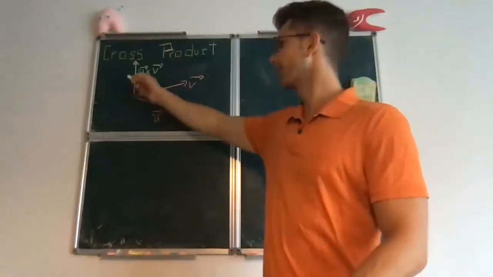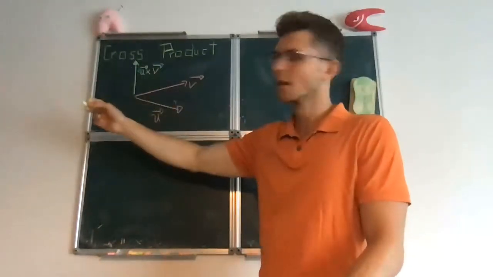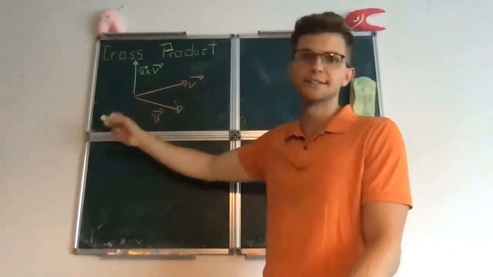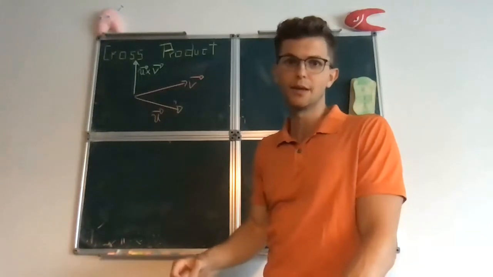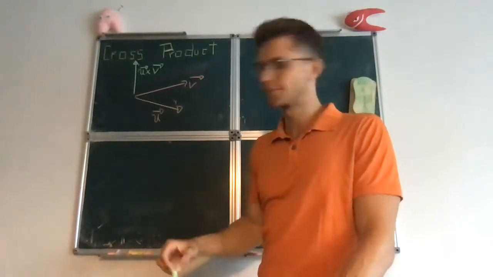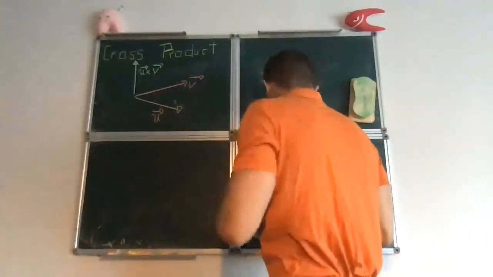So it's a third vector denoted u cross v, and as the picture suggests, you should think of u cross v as a vector which is perpendicular to both u and v.